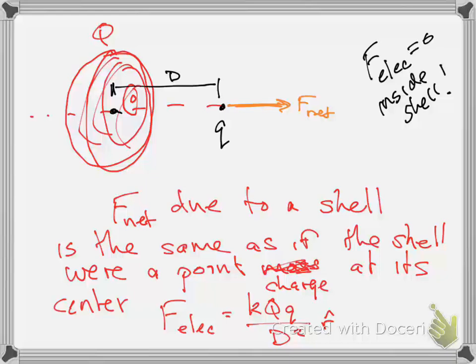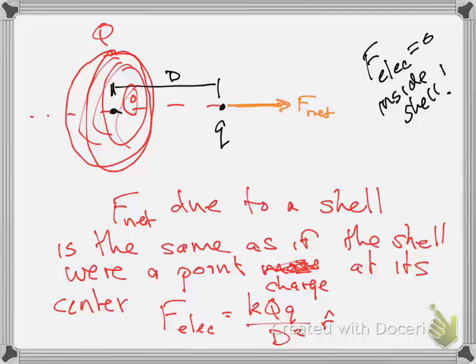And if I make this shell a solid sphere as a bunch of shells, and I'm outside a solid sphere of charge, then the solid sphere looks to any point charge outside as if it is a simple point charge with all its charge concentrated at its center, and still has the electric force that has the same form as Coulomb's law, kQq over r squared, where r is the distance between their centers.